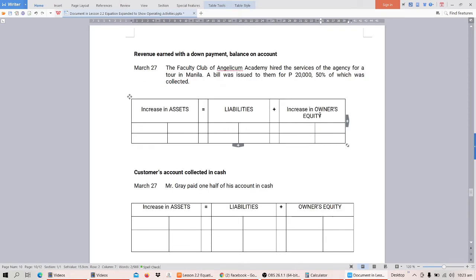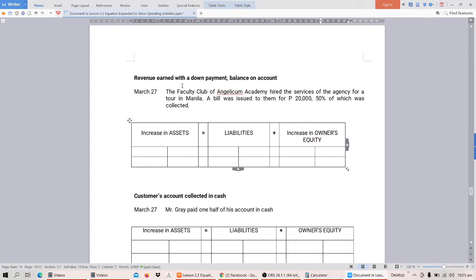So the Faculty Club of Angelicum Academy hired the services of the agency for a tour in Manila. The bill was 20,000. They paid you 50%, which was collected.